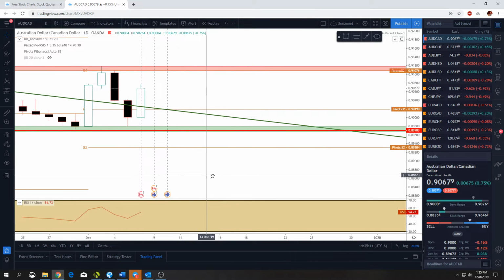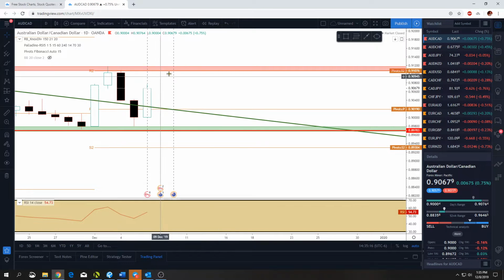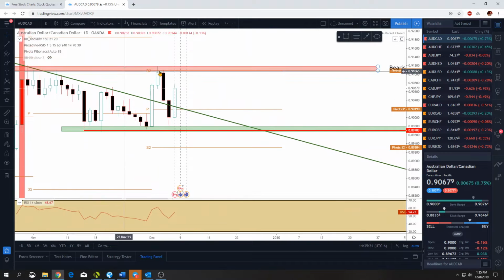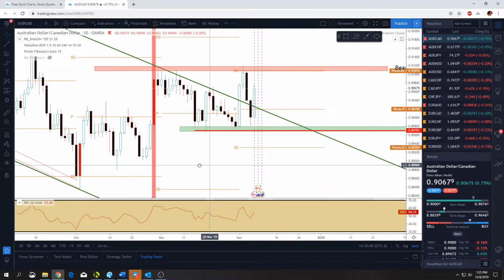So what we're going to want to wait for is to see if we get a continuation up to this sideways range, and if price hits this R2, look to see if we're going to respect this resistance and start looking for sell trades up here. Right now we're just hitting this resistance. Price kind of stalled out, but nothing too probable.